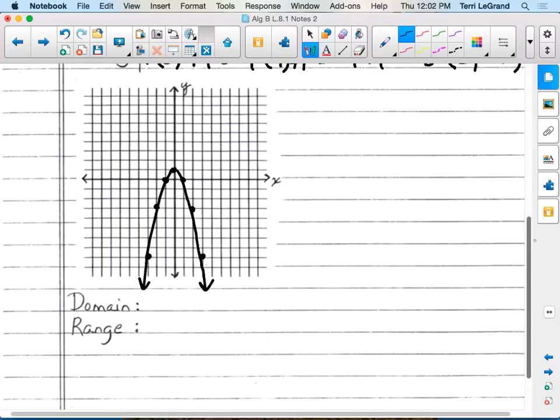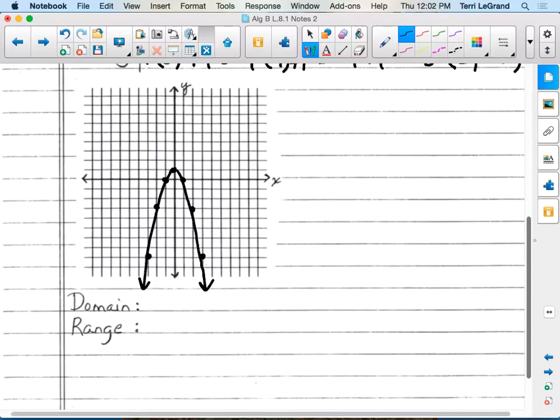And maybe press the graph key too, just to make sure that our graph looks like the graph calculator's. We do a good job. State the domain, state the range on your own. We'll go over it, make sure you're right, but just try it on your own.